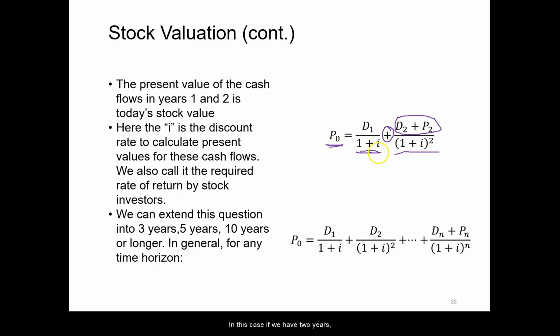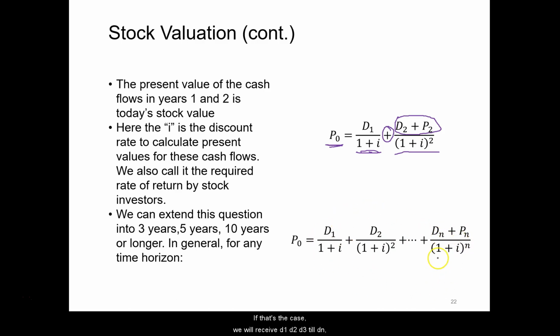In this case, if we have 2 years, we have 2 years of cash flows, and our job is to calculate the total present value of these 2 years of cash flows. We can also extend the question into, say, 3 years, 5 years, or even 10 years. So for example, if n is 10, that means we're holding the stock for 10 years and try to sell the stock at the end of year 10.